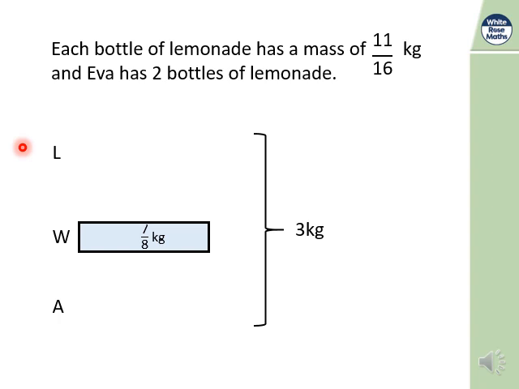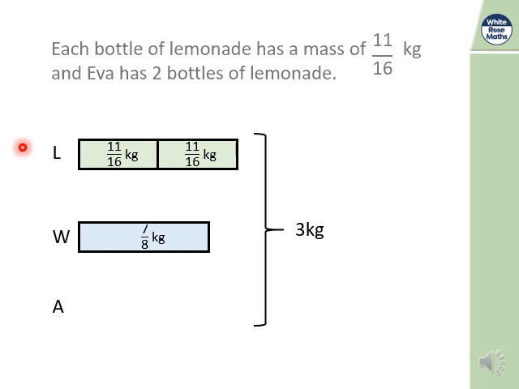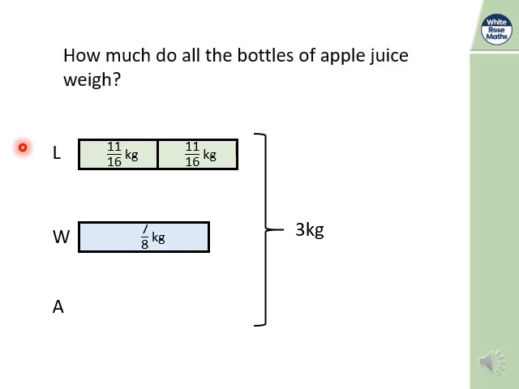Each bottle of lemonade has a mass of 11 kilograms, and Eva has 2 bottles of lemonade. So that's 2 lots of 11/16 of a kilogram. And the question we need to find is, how much do all the bottles of apple juice weigh? So we need to find out that missing bar.